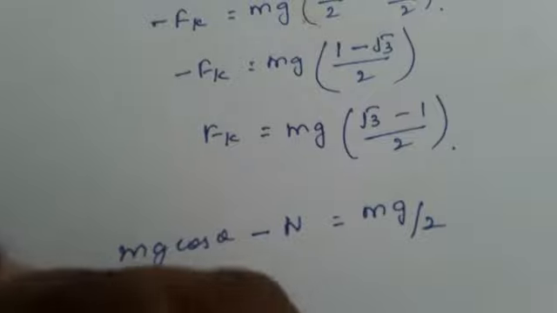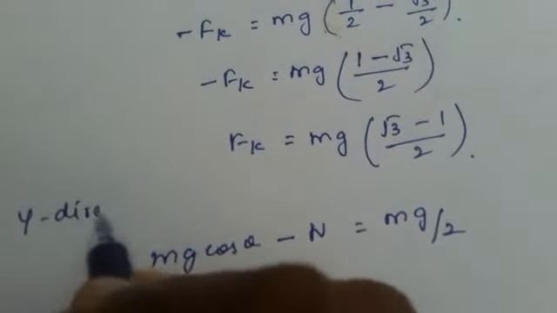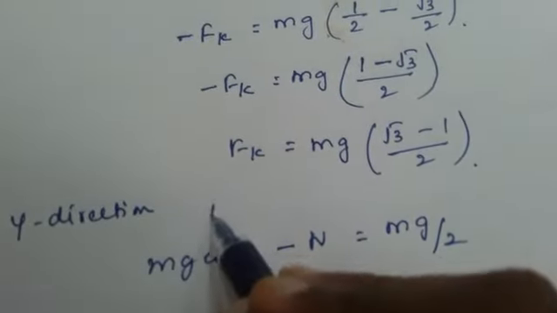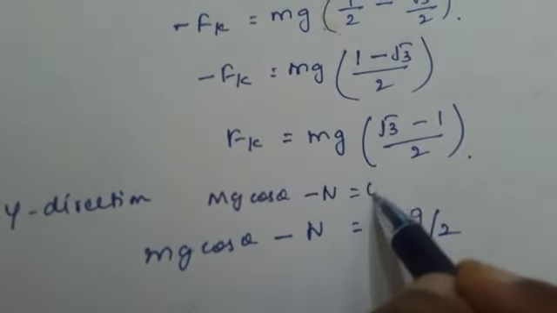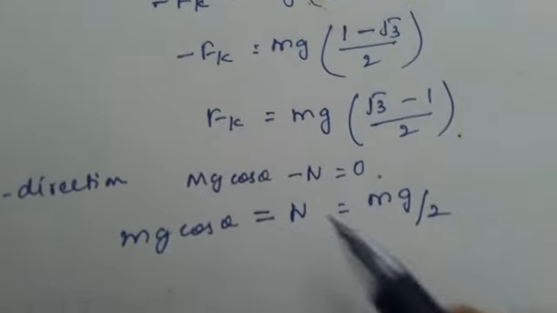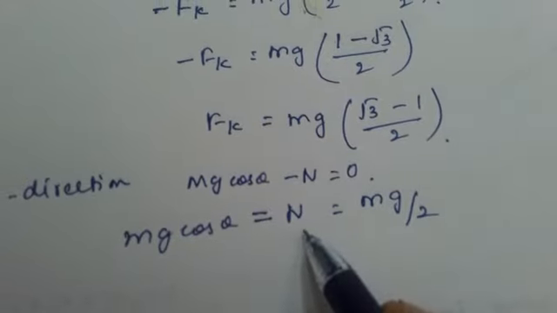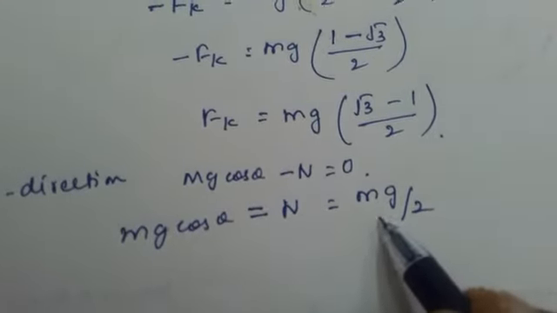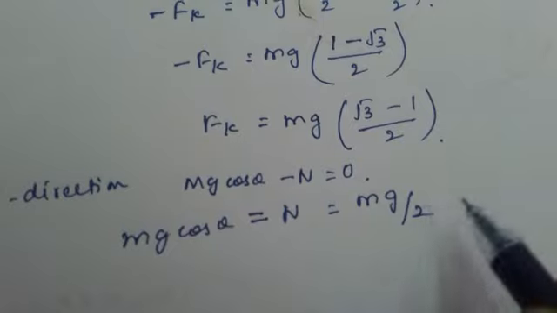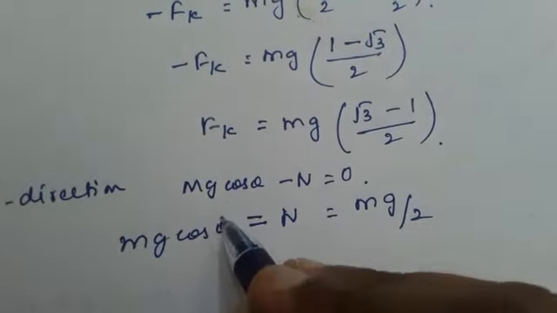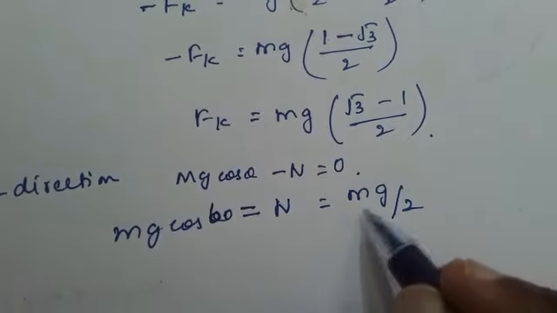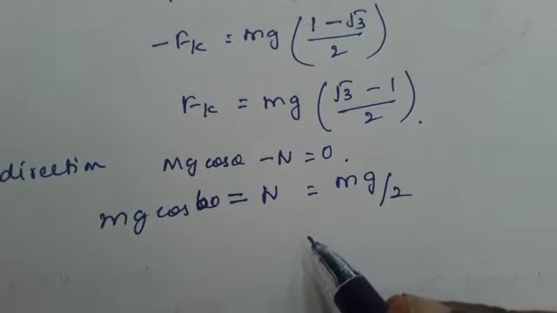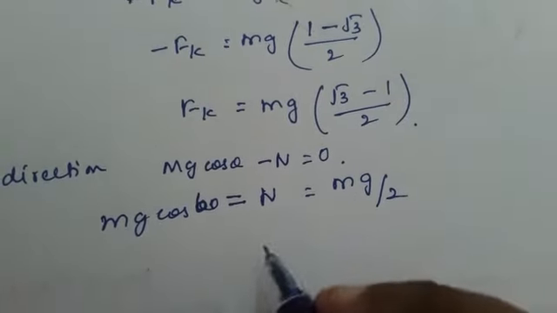In y direction, mg cos theta minus n is equal to what? 0. Okay. So mg cos theta is equal to n. So that is equal to mg cos 60. I can write it here, mg cos 60 is equal to n. Cos 60 is 1 by 2. So it is mg by 2.